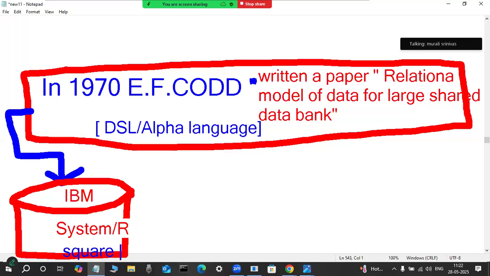SQUARE is a simplified version of DSL Alpha language, introduced by the System R team in California. Again, SQUARE was modified into SEQUEL, Structured English Query Language. Again, that SEQUEL was modified into SQL language. That much history is there. Okay?